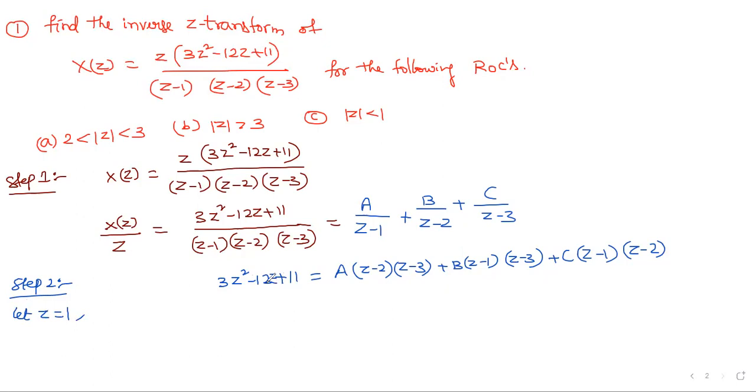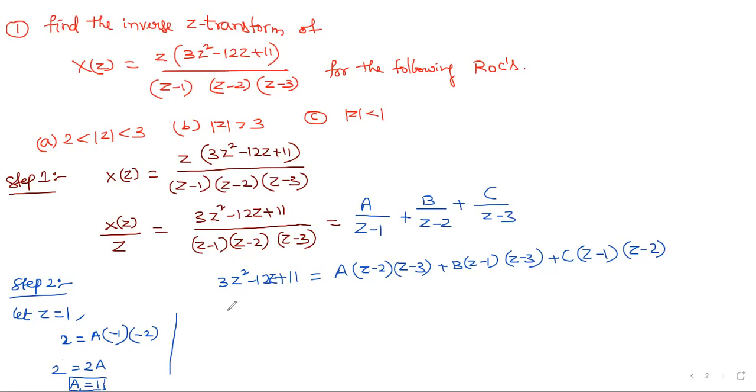So 3 minus 12, minus 9, plus 11, 2. So 2 is equal to... this term will become 0, this term will become 0, and this term will become A into 1 minus 2, which is minus 1, into 1 minus 3, which is minus 2. So 2A is equal to 2. From here you can write A is equal to 1.